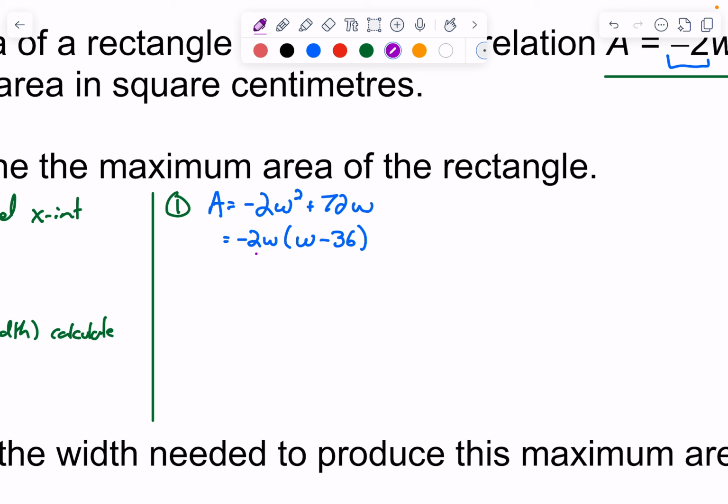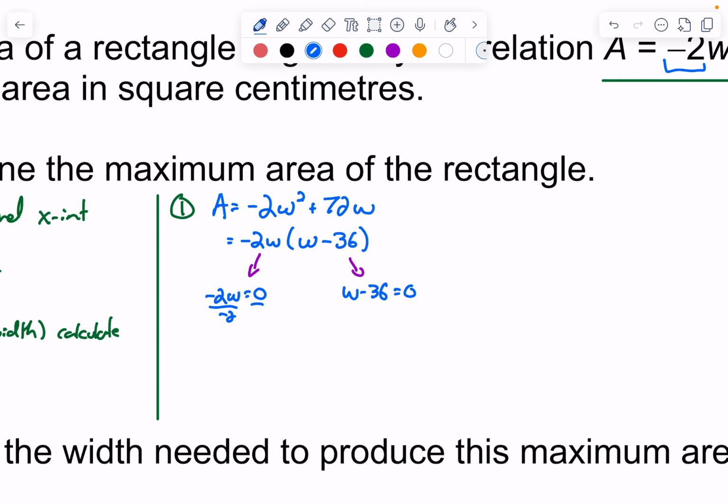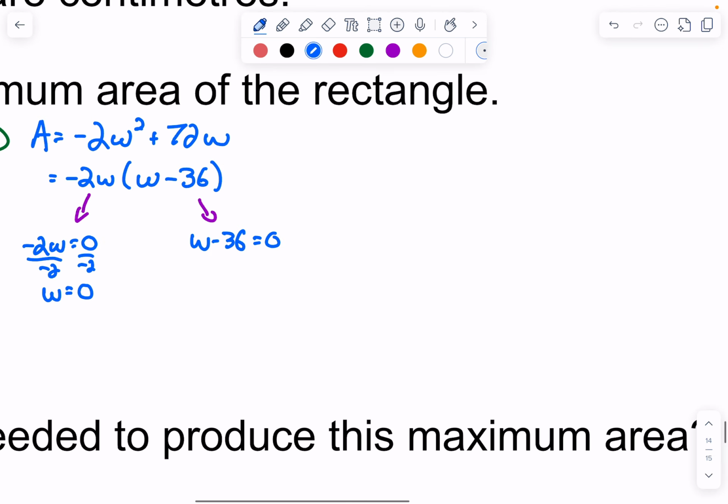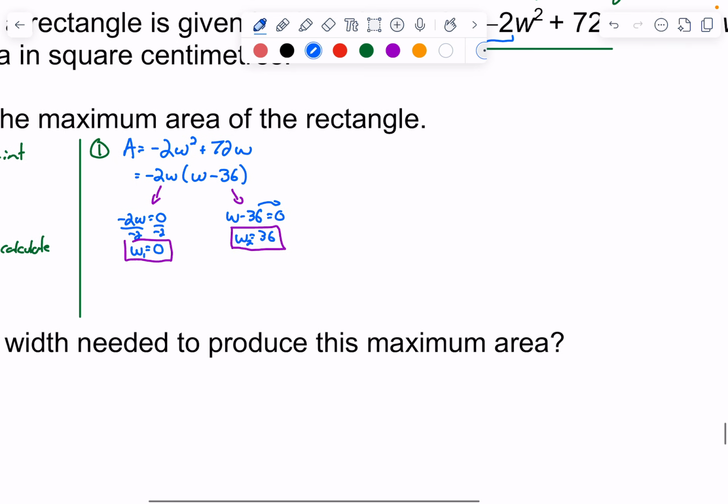So your two factors, or your two x-intercepts, are negative 2w when that equals 0, and the other one when w minus 36 equals 0. So your first one, divide both sides by negative 2, you will get w equaling 0, and bring the 36 to the other side, you get w is 36. Okay, there are your two values, and let's call that w1, w2. Those are your two intercepts.